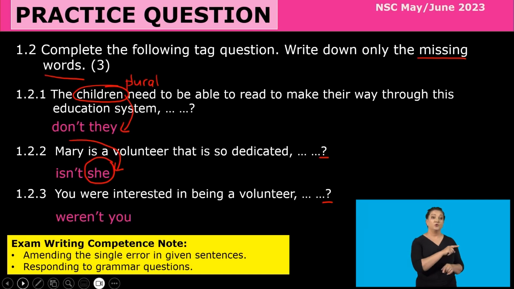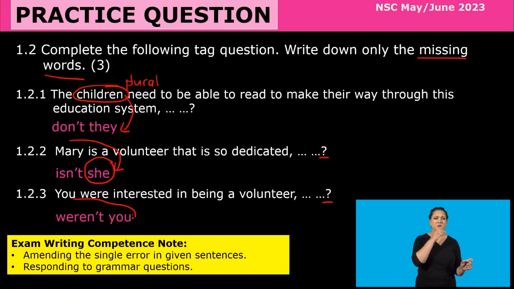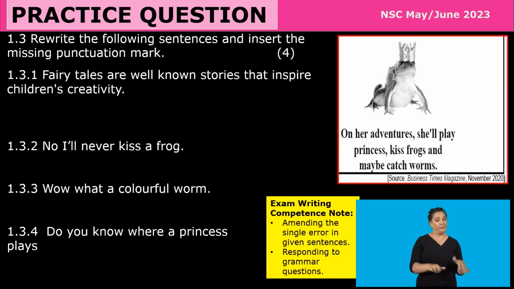You were interested in being a volunteer, weren't you? All right, now take note, there's the "you" and it matches in my tag, okay? I want you to understand that you need to include the apostrophe for contraction when you are doing your tag questions. Those are very, very vital, okay?